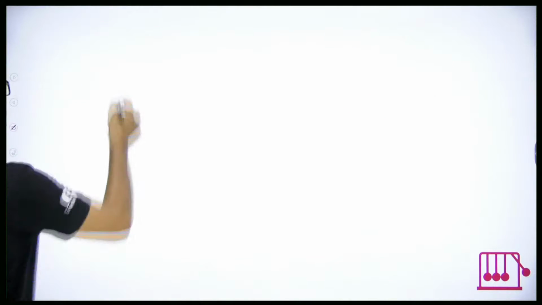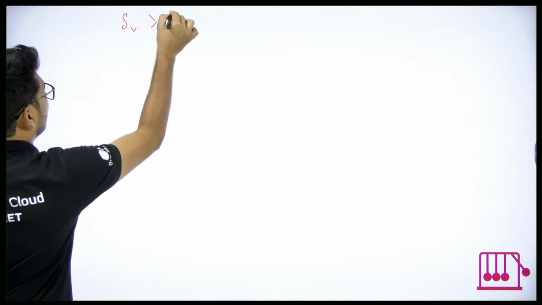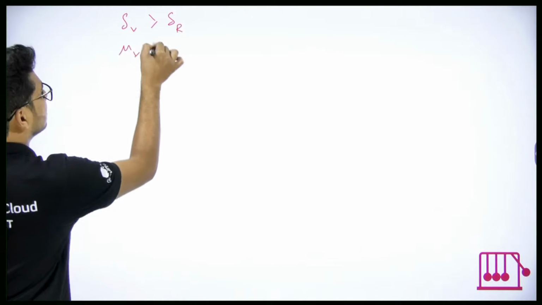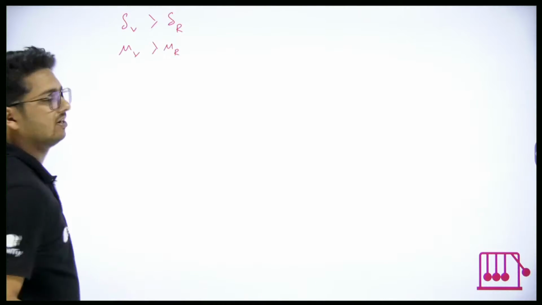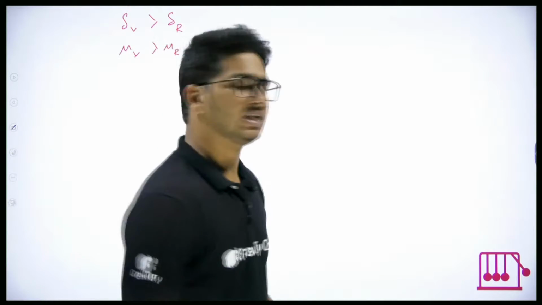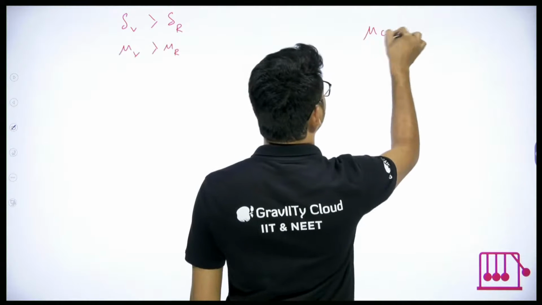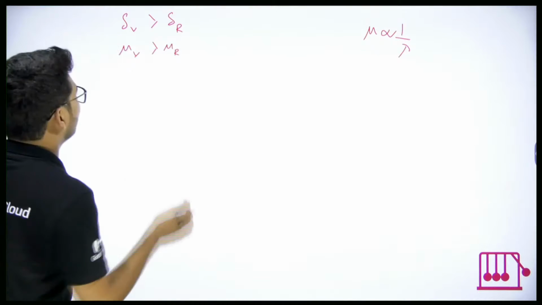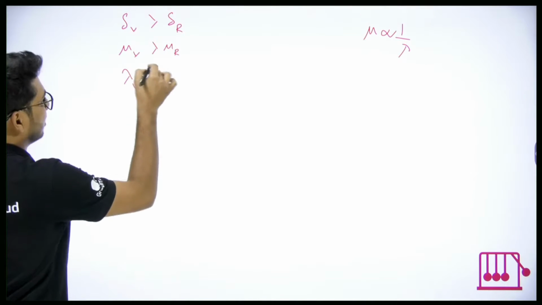And again, if you want to know how, we can start from here. Deviation of violet is greater than deviation of red. That means refractive index of violet is greater than refractive index of red. But refractive index and wavelength are inversely proportional. Understand this. So this will become ulta.